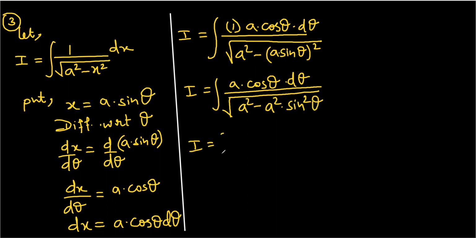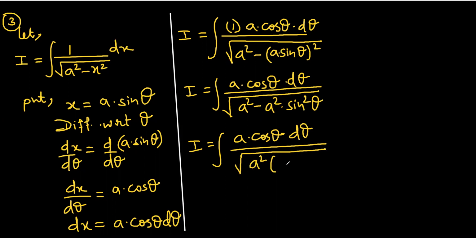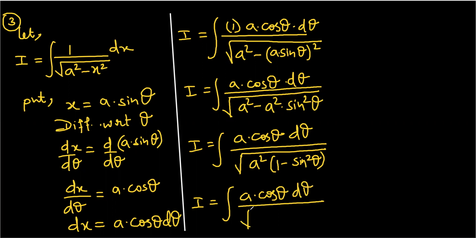In the denominator square root I take a square common. I get 1 minus sine square theta in the bracket, so a cos theta d theta divided by square root of a square into cos square theta.